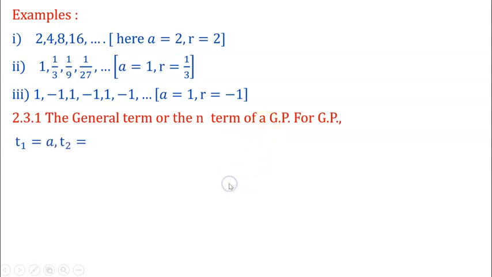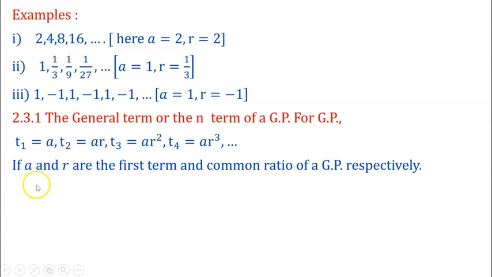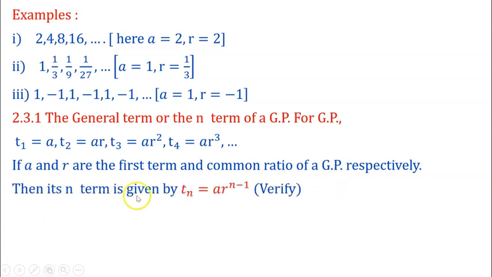For a GP, T1 is equal to A, T2 is equal to AR, T3 is equal to AR square, T4 is equal to AR raised to 3. If A and R are the first term and the common ratio of a GP respectively, then its nth term is given by Tn is equal to A into R raised to n minus 1.